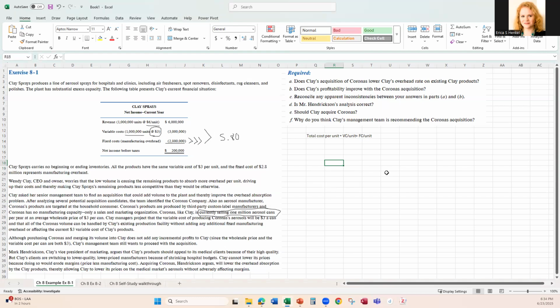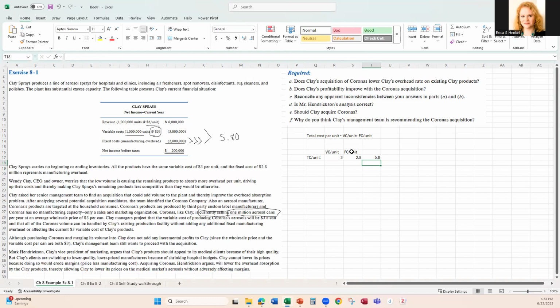If we divide that out, we have a variable cost per unit of $3, and then the fixed cost per unit is going to be equal to that 2.8 million divided by the million units, right? So total cost per unit gets us to that $5.80. I just wanted to walk through that. You could all see it on the left there, but I wanted to walk through this from a formula standpoint also.